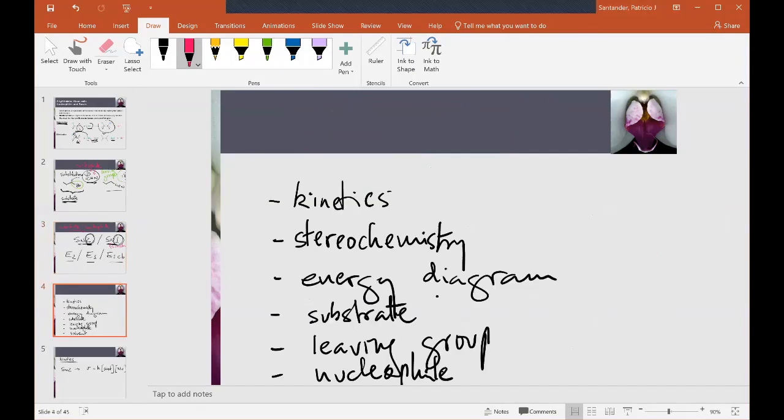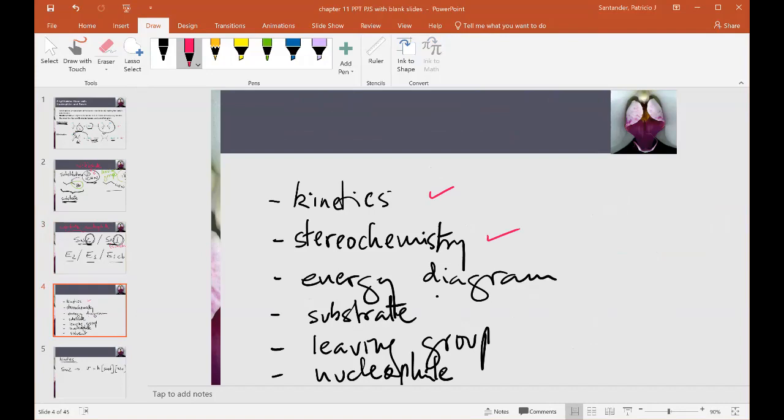And for each one of these, we will pay attention to the influence of several different aspects. For instance, we can look at the kinetics of the reaction. Does the reaction depend on the concentration of the substrate and the nucleophile, or depend only on the concentration of the substrate?